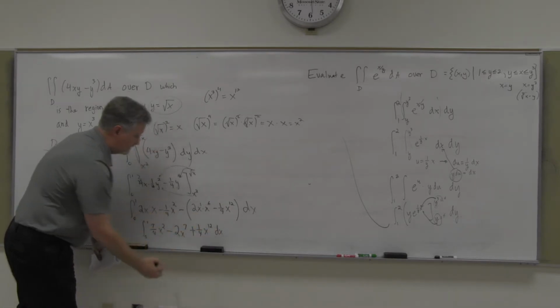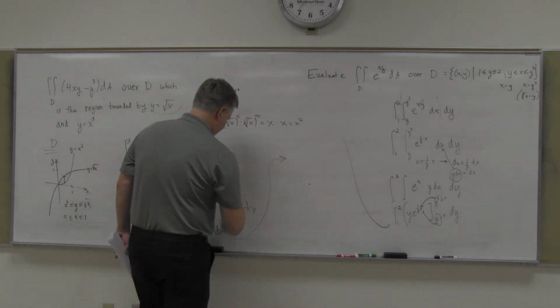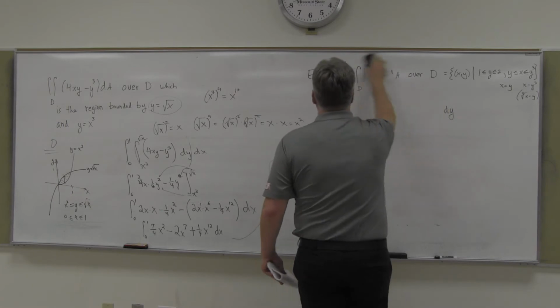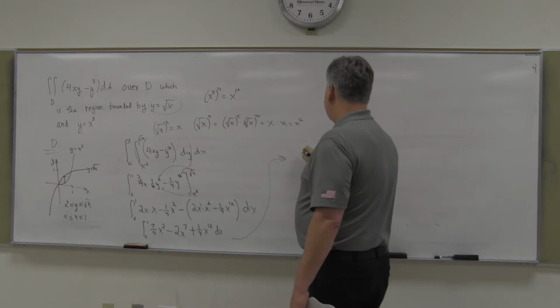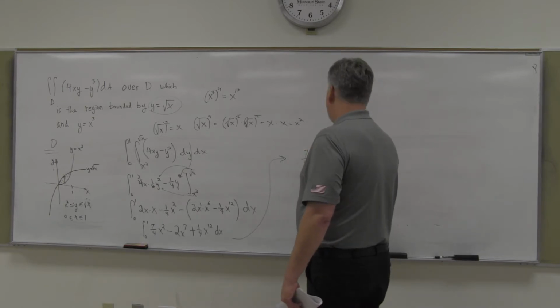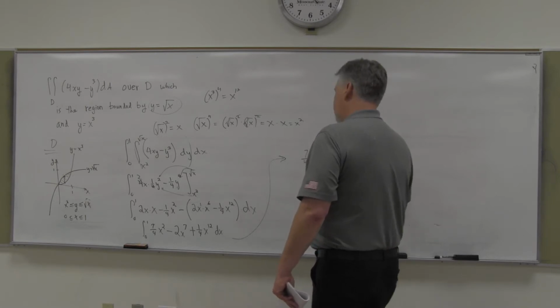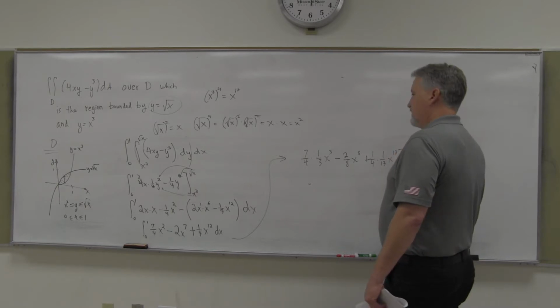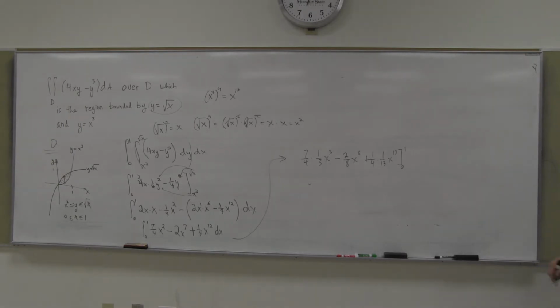And so now, sometimes we run into just basic power rule and antiderivatives, which is this. Okay, so that's 7/4 times 1/3 x cubed minus 2/8 x to the 8th plus 1/4 times 1/13 x to the 13th. And we're nice about that, it's just 0 to 1.